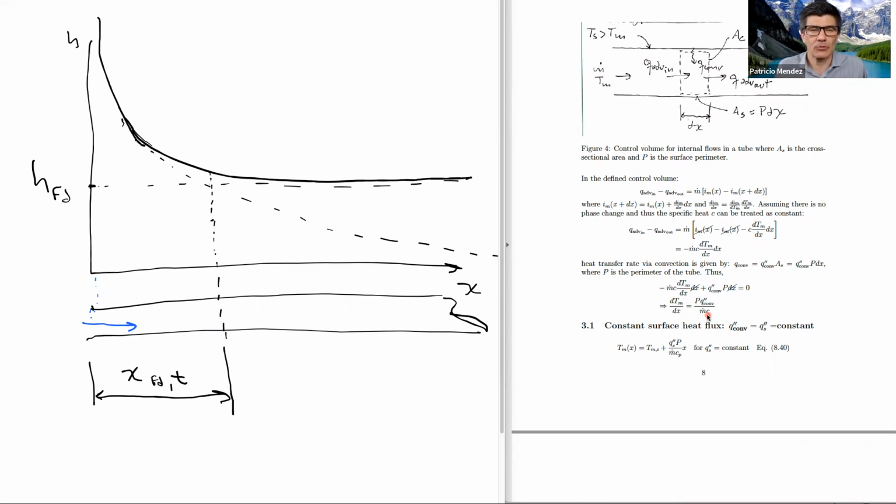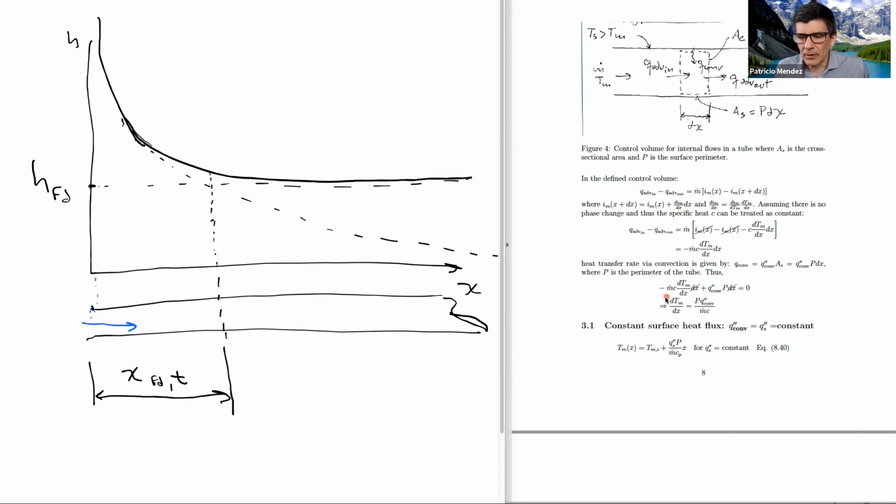In this case, we're assuming no phase changes. Perhaps with slightly different notation, but this concept, exactly as we did it here, we did it in week 4 of class.